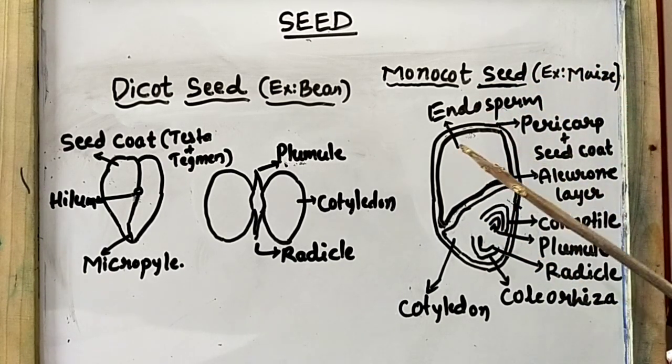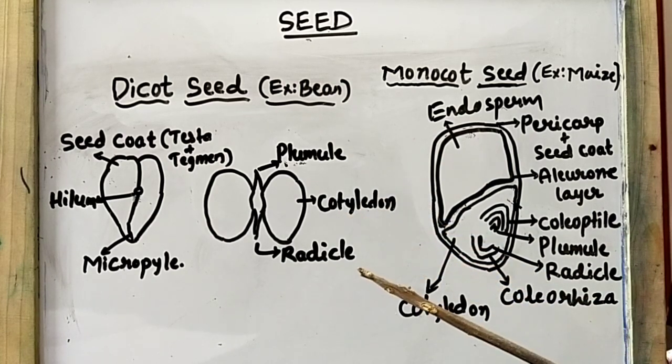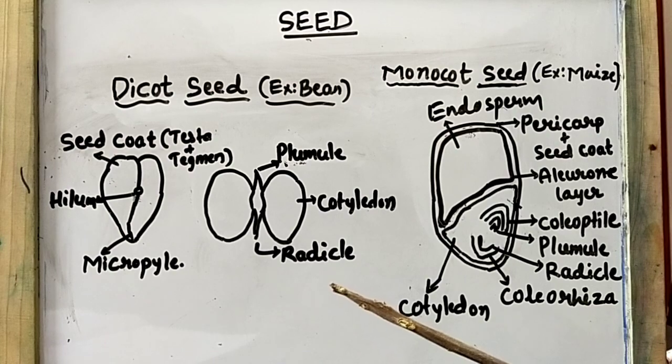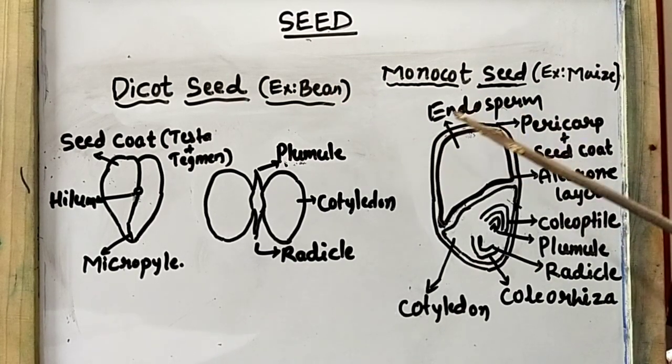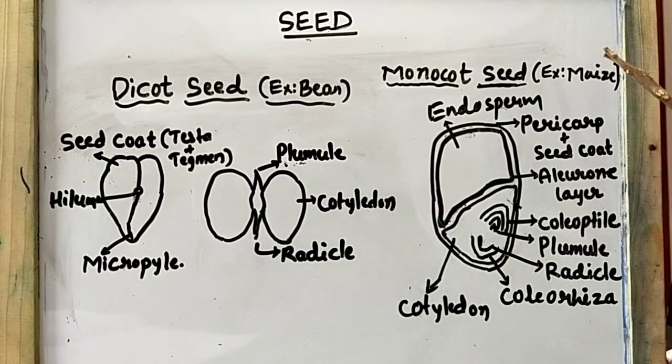Based on the presence of endosperm, seeds are classified into two different types, endospermic seed and non-endospermic seed. So here, the bean is a non-endospermic seed, whereas the monocot seed is an endospermic seed.